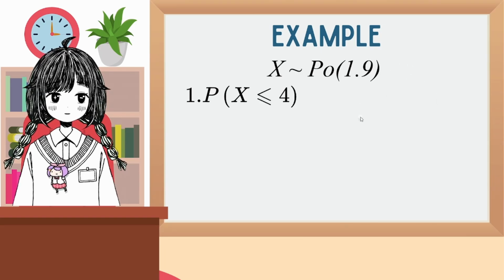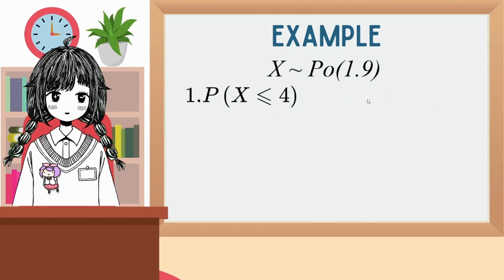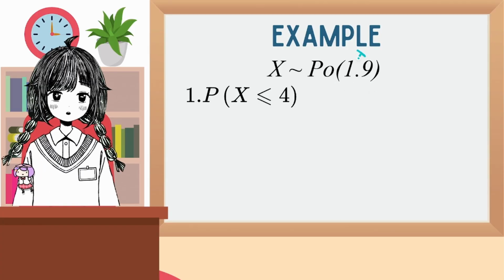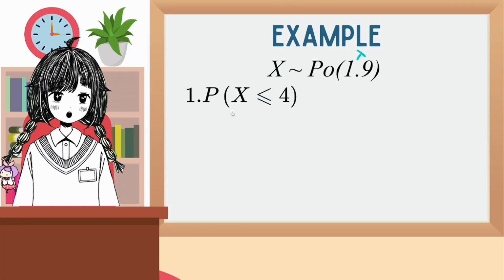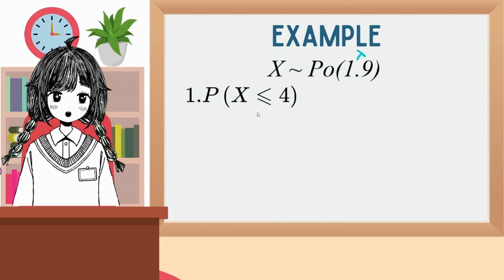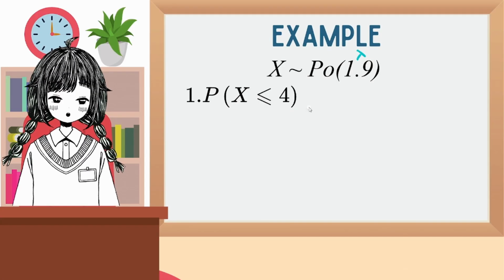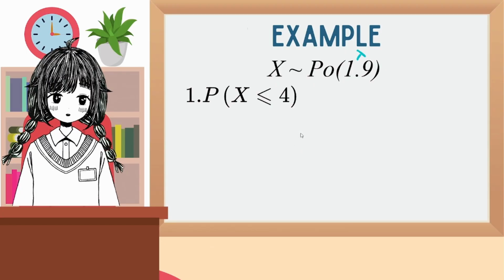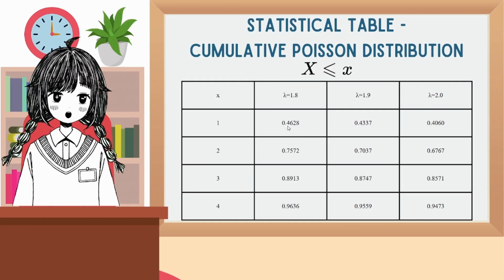We start with something very basic. Given X follows Poisson with lambda 1.9, question 1 is P(X less than or equal to 4). Very straightforward. Let's look at the table here. I will only teach how to read the stat table once.